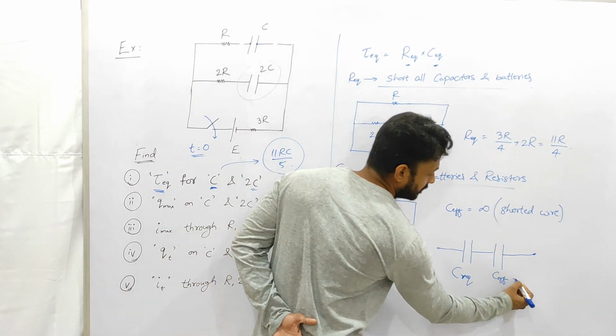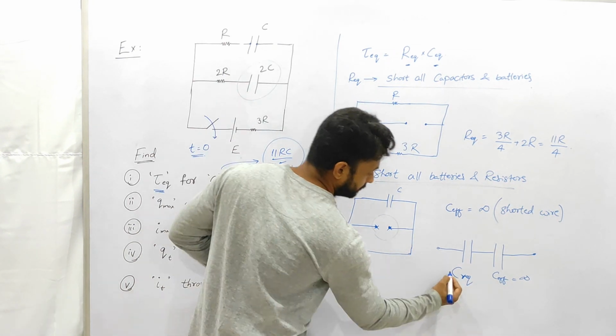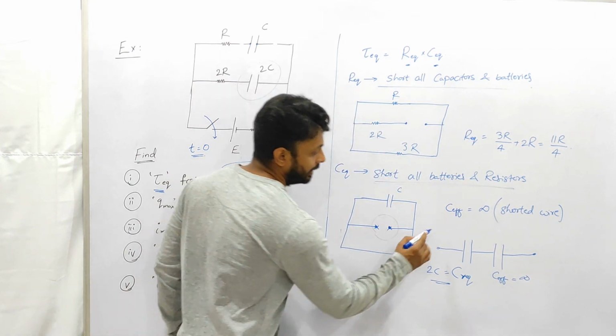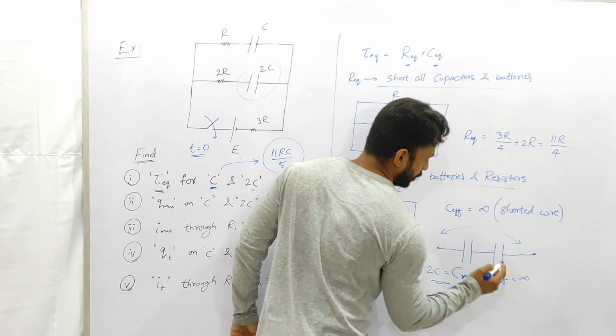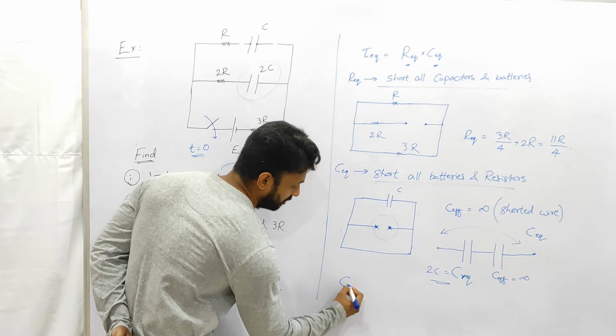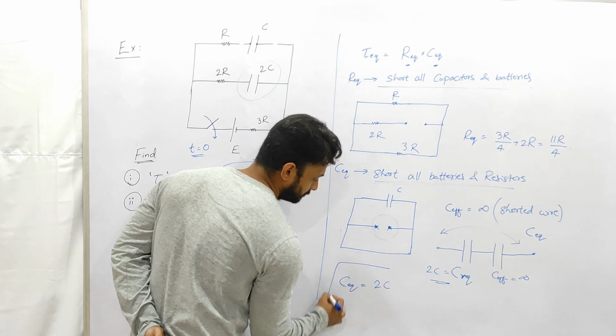By the way, this we know is infinite, and the required capacitor is 2C. Now that C equivalent comes out to be what? Use that series formula, you will get 2C again.